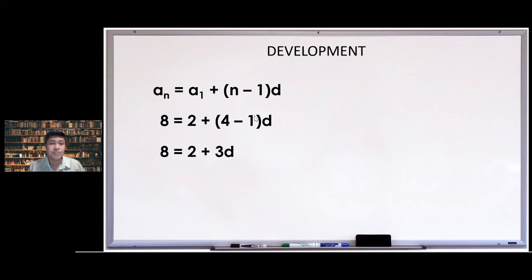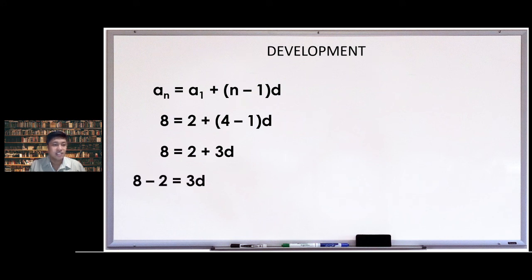Now, simplifying further, 4 minus 1 will give you 3. So what is 3 times d? 3 times d is 3d. Very good. So we have now 8 is equal to 2 plus 3d. Now, for us to eliminate 2, we can add both sides of the equation by negative 2 or simply subtract both sides of the equation by 2. So we have now 8 minus 2 is equal to 2 minus 2 plus 3d.